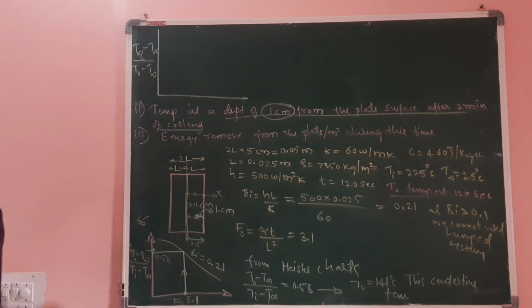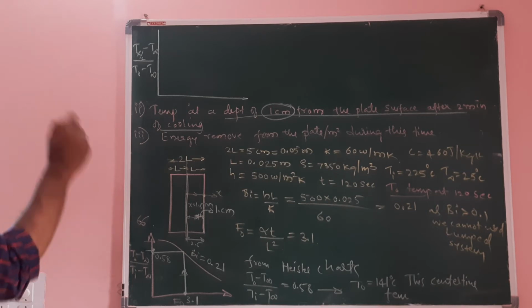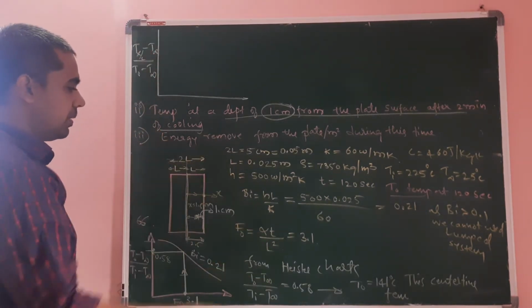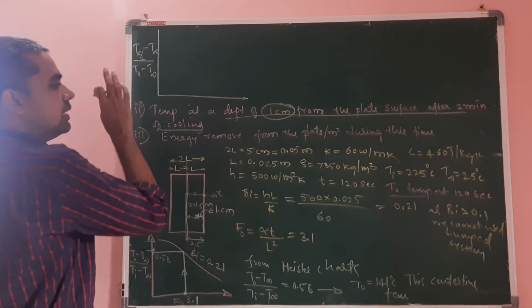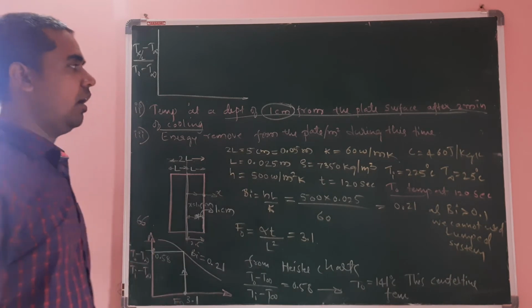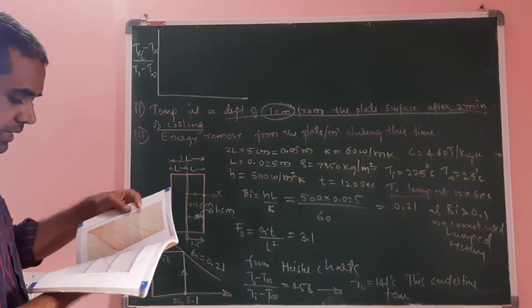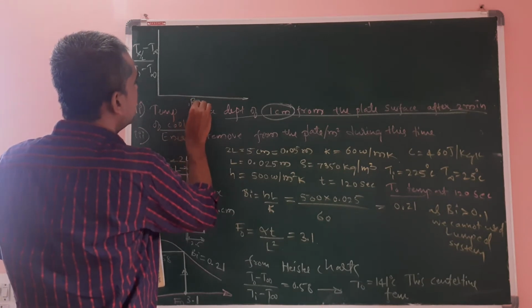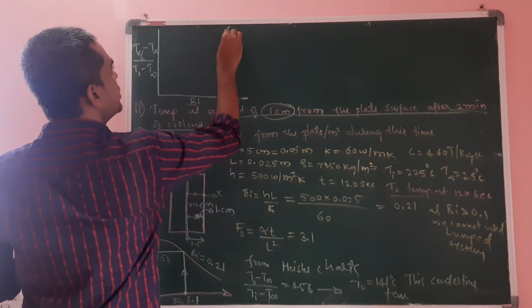Here T at x by L is the temperature at a distance x from the center line, T infinity is the temperature of the fluid, and T naught is the center line temperature after the given time. The horizontal axis here is the Biot number.